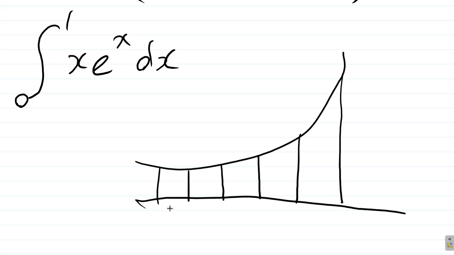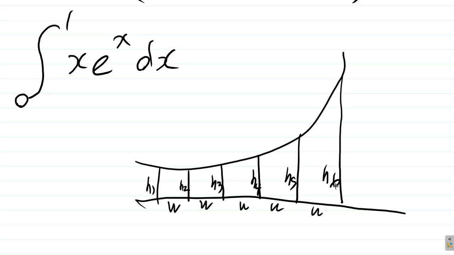We have x in the formula, so let's just use W for the width. All of these are the same W, the same width, 5 of them. We have H1, H2, H3, H4, H5, H6.